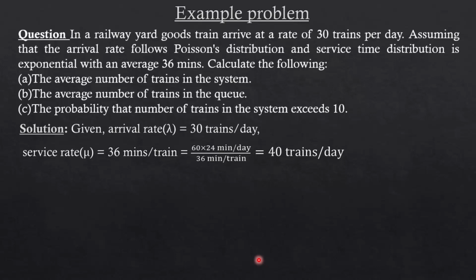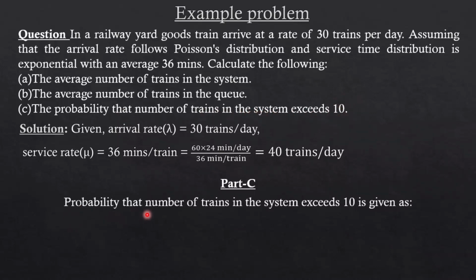Now let us see the third part here. The probability that the number of trains in the system exceeds 10. The probability that the number of trains in the system exceeds 10 is given by this particular formula, where the probability of having n customers from capital N to infinity, so we have already remembered this, is given by lambda by mu to the power N. So the capital N here is equal to 10.